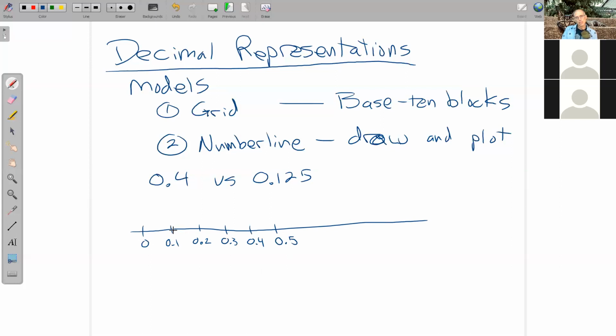And then splitting up the tenths to get the hundredths place, right? I would have to put 10 marks in between here. So let's go in here. 1, 2, 3, 4, 5, 6, 7, 8, 9, and then 10 would be the last one. I think I got enough in there. So those red marks there would be my hundredths.